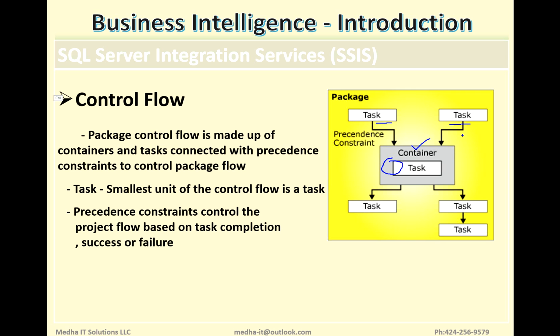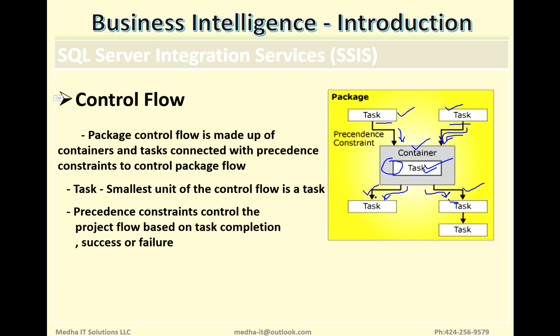So these arrow marks you see here are basically control flow. That means after executing this task and finishing this task, we are asking SSIS to execute the third one, right? Once this is done, we want to run the last two tasks in parallel, right? So that is what this arrow mark represents. So we are saying go and execute this task and this task after the third task is complete. So that is what is called control flow.